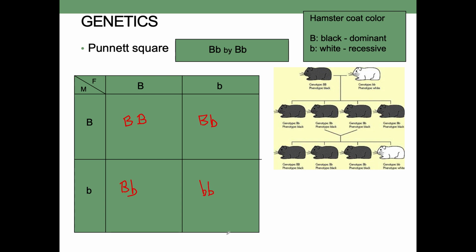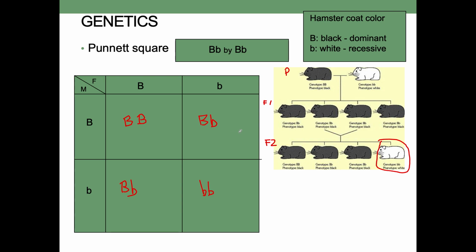And so now, in the F2 generation, we have a different pattern emerging. We now see the reappearance of this trait of the white coat color that we first observed in the parental generation.